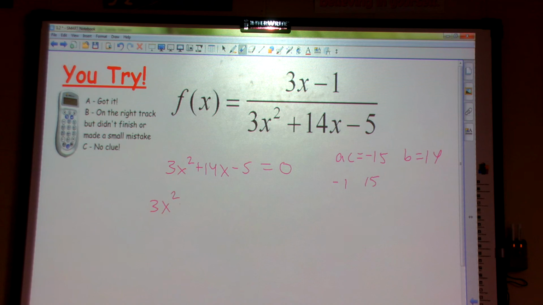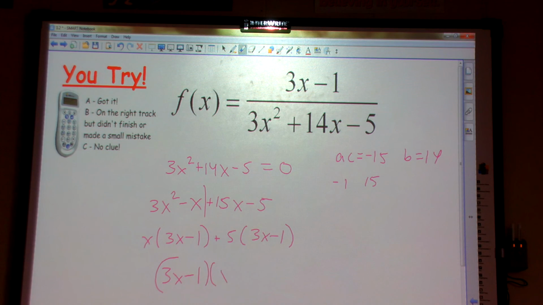So 3x squared minus x plus 15x minus 5. Pull out an x, I'm left with 3x minus 1. Pull out a 5, I'm left with 3x minus 1. So 3x minus 1, x plus 5, equals 0. So x equals 1/3, and x equals -5.